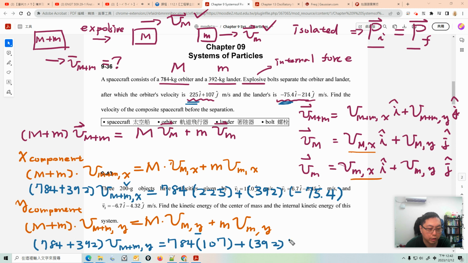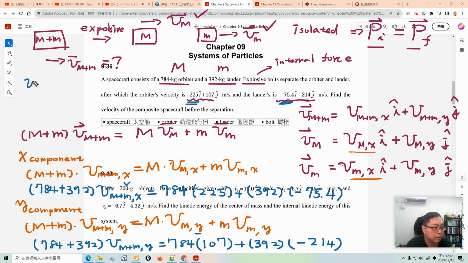And what's the y component of the velocity of the lander after the explosion? I think it's minus 214.